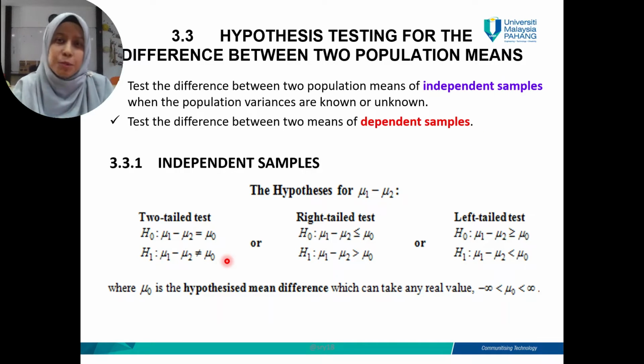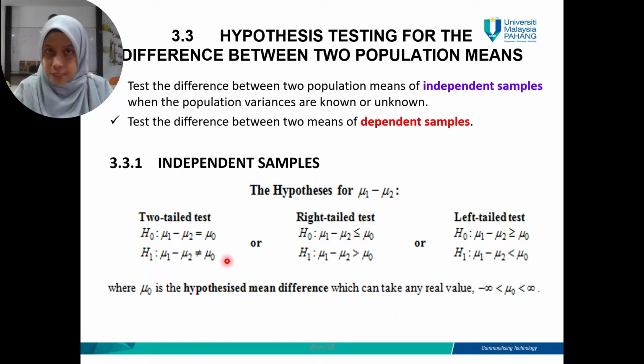We're going to talk about hypothesis testing for the differences between two population means. In this video, we're going to do exactly the same thing that we did in my chapter 3.2 video, which is hypothesis testing using the traditional approach with all 5 steps.